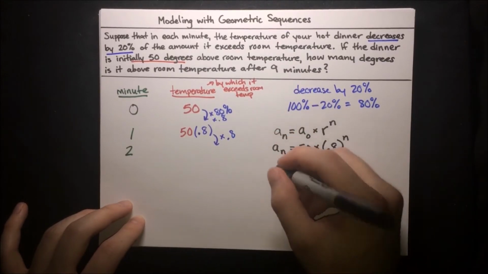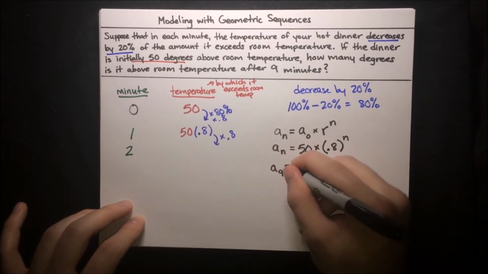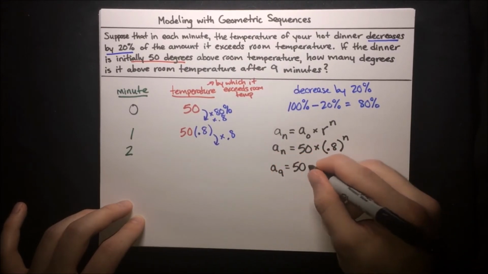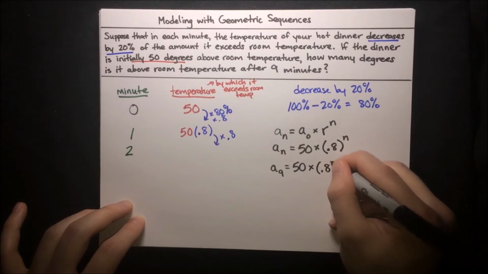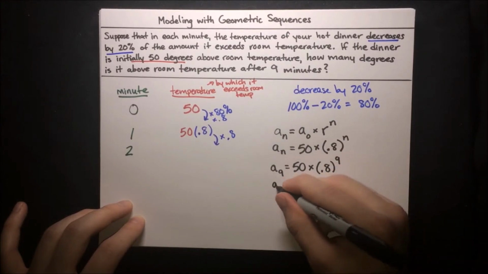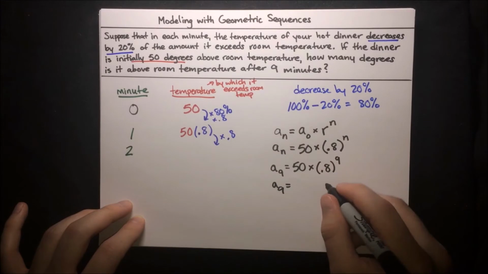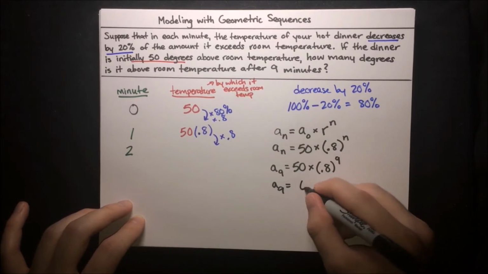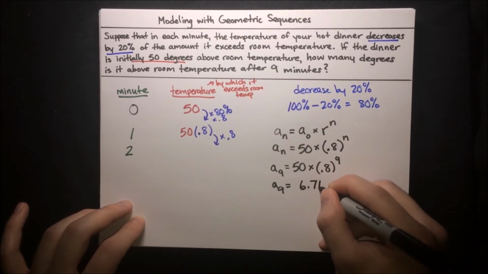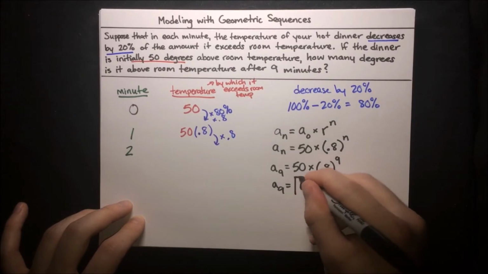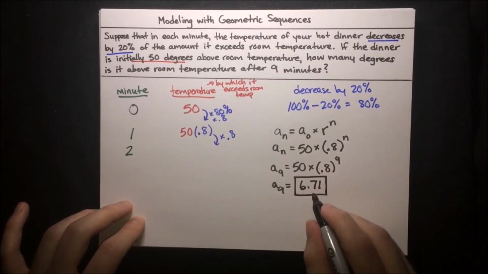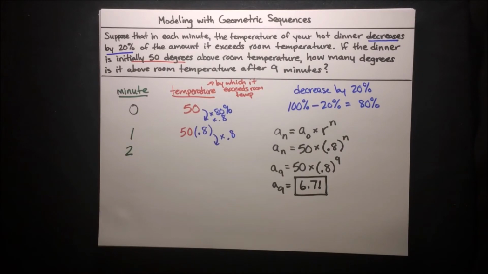So we plug in 9 for n. a_9 equals 50 times 0.8 to the 9, and we can just go ahead and compute that on our calculator. The result is that we get about 6.71. So this is how many degrees it's above room temperature after 9 minutes, 6.71.